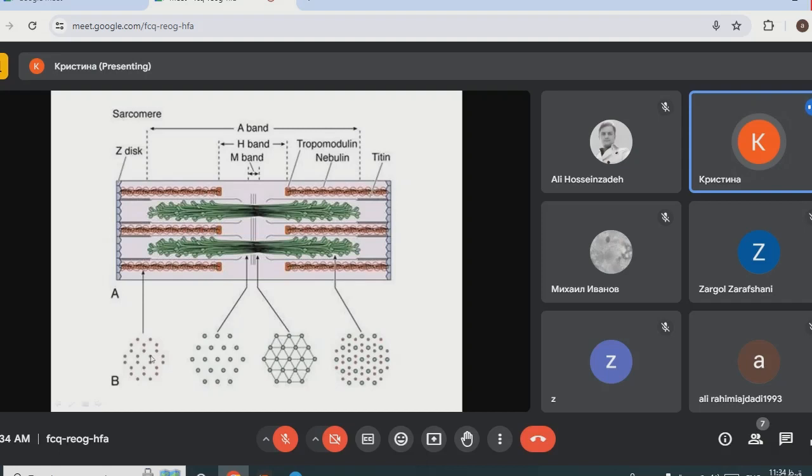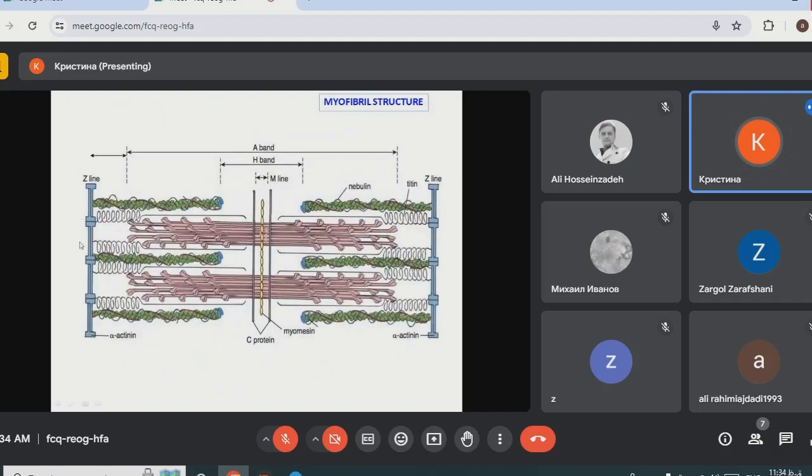thin myofilaments. The thin myofilaments are attached to the Z line with some proteins such as nebulin, and the myosin filaments are attached to the M line with the M and C proteins and also the large protein titin. Here you can see these proteins needed for attachment of thin and thick myofilaments.